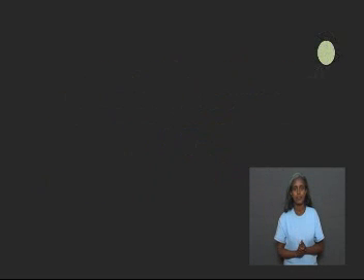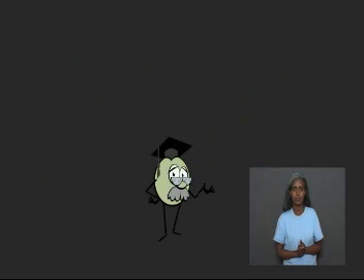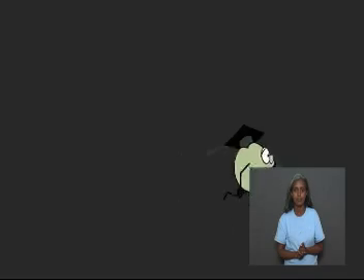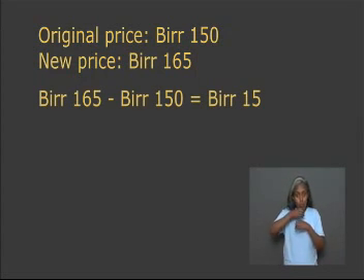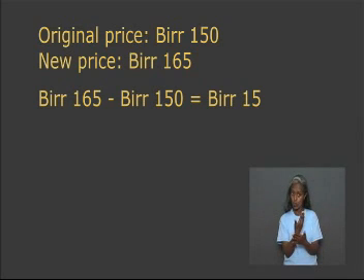Time's up. Let's get back to our lesson. Welcome back, students. We already know the original price of sugar along with the new price. By subtracting the old price from the new, we can determine that the change in price is equal to 15 birr.